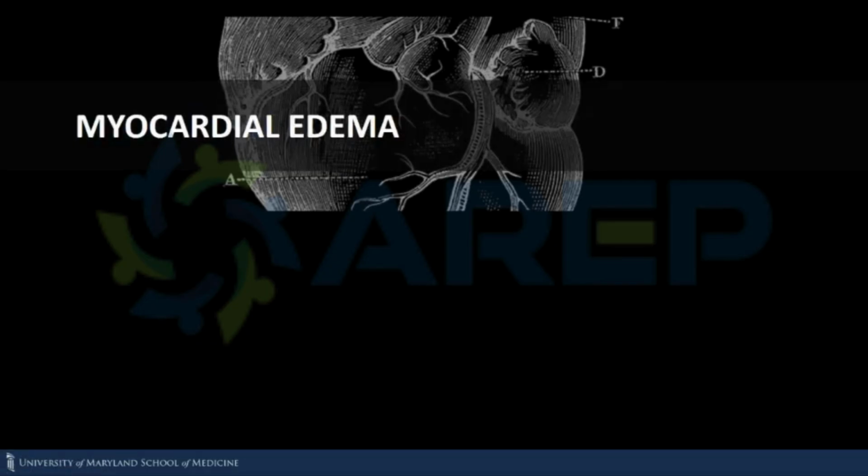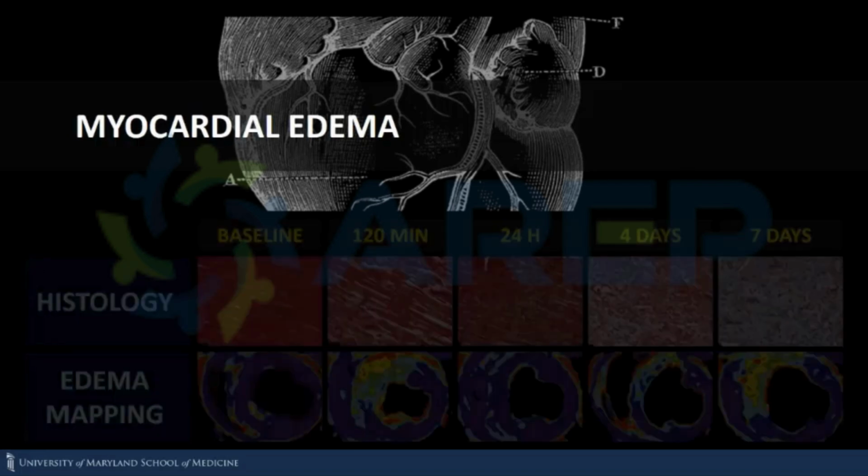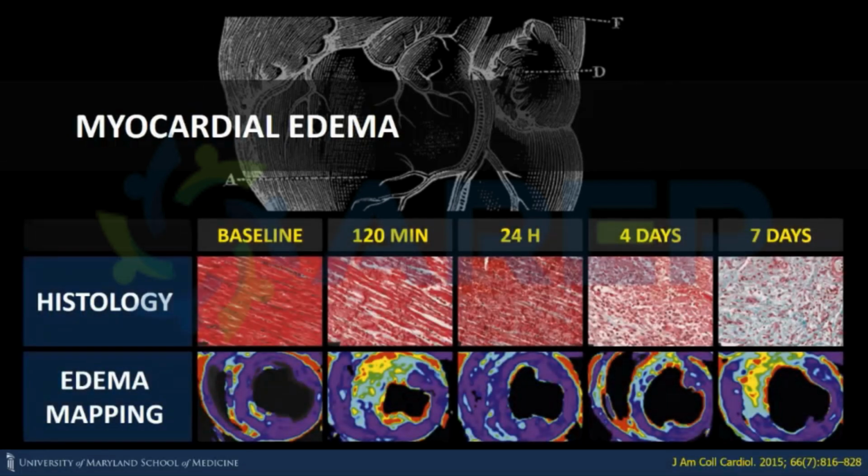So we looked at T1, we looked at T2, T2 star, and as far as parametric techniques, edema is probably the other important parameter that we want to evaluate when we want to consider myocardial injury and its relationship to underlying cardiomyopathies.